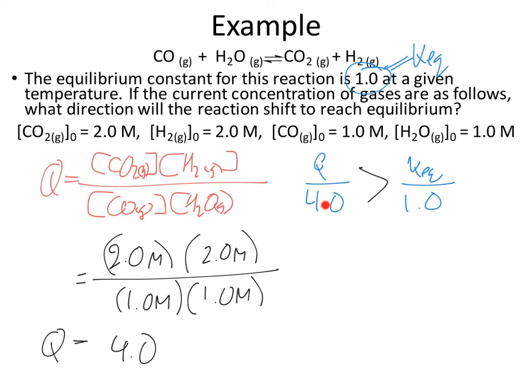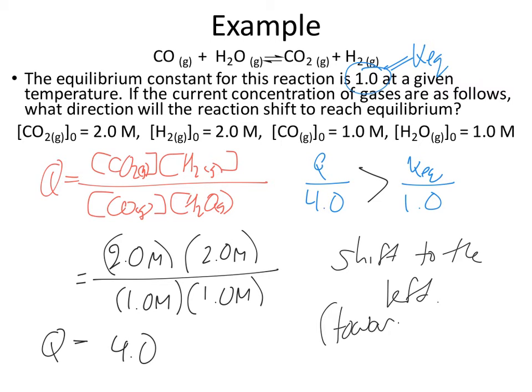Because we have a lot of products, we have to convert that into reactants. That means that equilibrium has to shift to the left, towards the reactants.